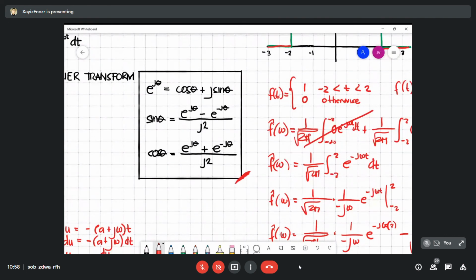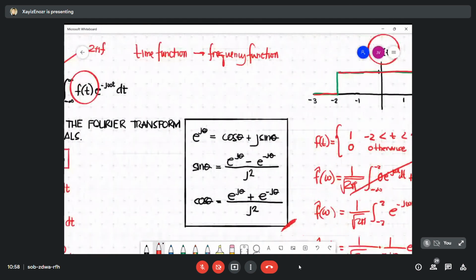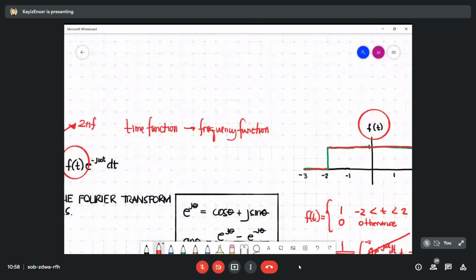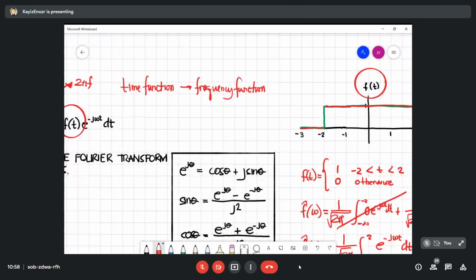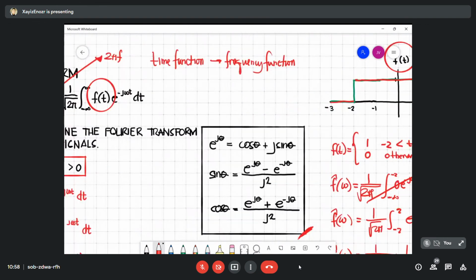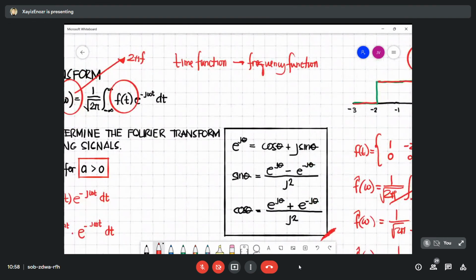Madalas sa Fourier transform, ang ginagawa natin is breakdown natin into component function in terms of sine and cosine. Since pinag-uusapan natin dito is complex function ng time, then we are resulting into complex function ng frequency or omega.